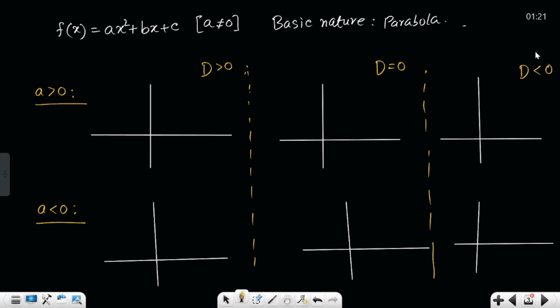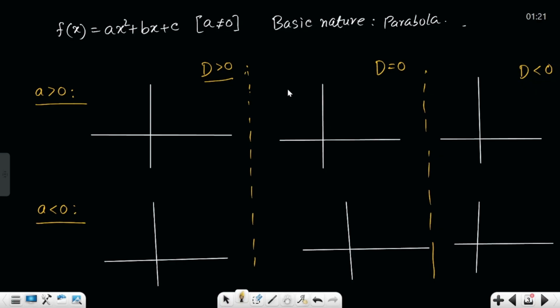It's very simple. For D greater than 0, what it means is that we will get two distinct real solutions of that quadratic equation, or quadratic function.